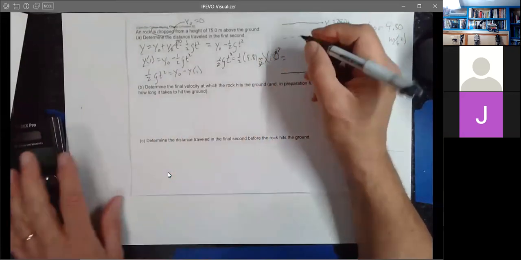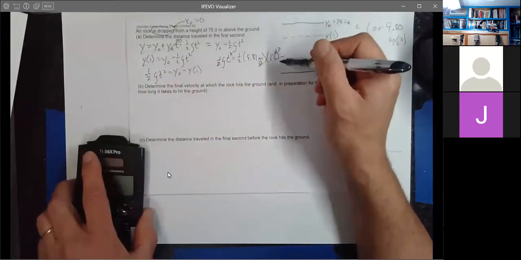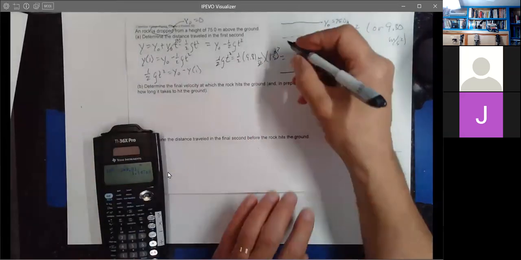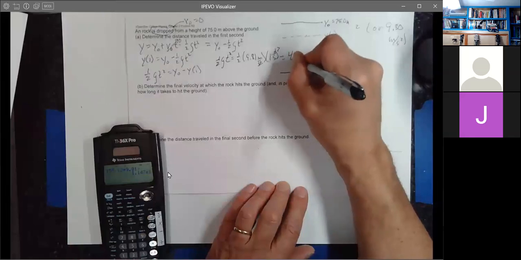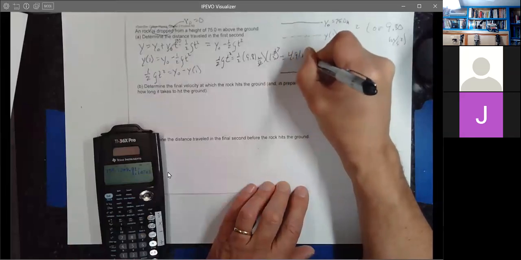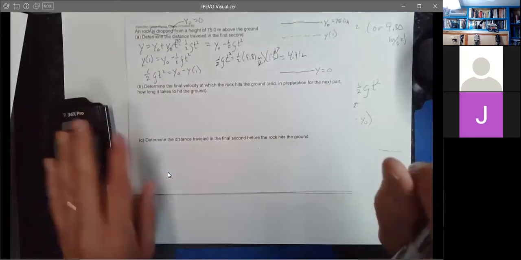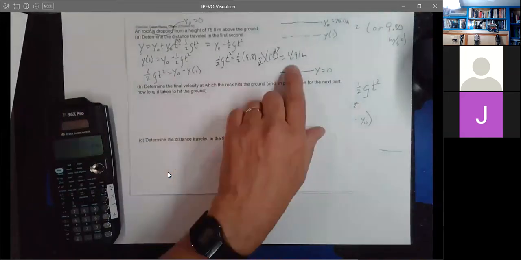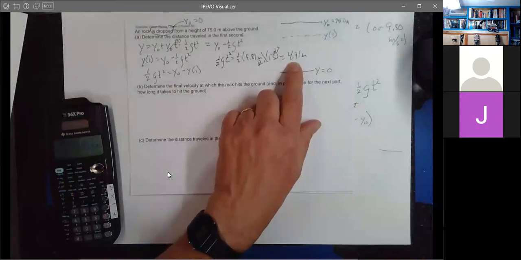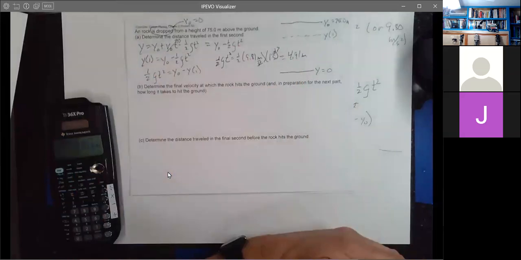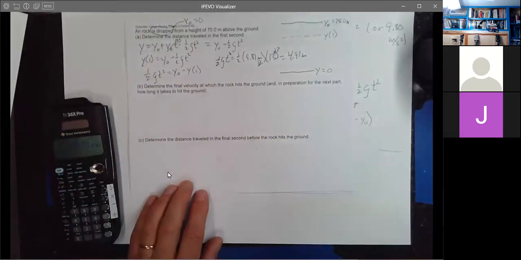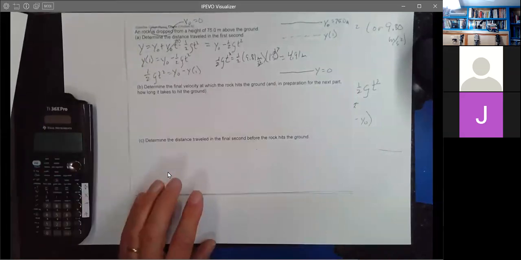And what you end up with, since 1 squared is 1, is half of 9.81, which is about 4.91 meters. On Earth, anytime you drop something, in the first 1 second of falling, it will travel 4.91 meters. And it doesn't matter how high above the ground it is, in the first second, it's going to fall 4.91 meters. So we can get that.